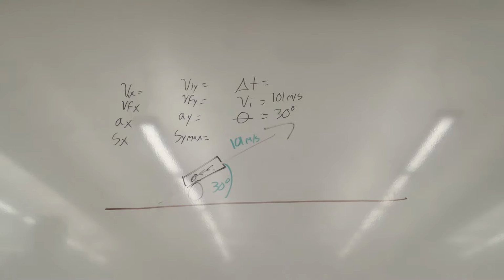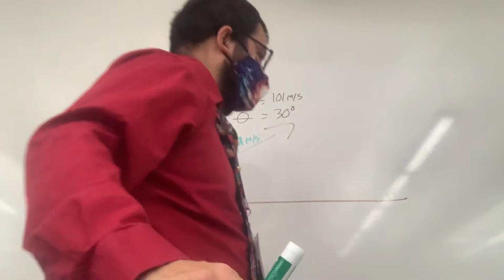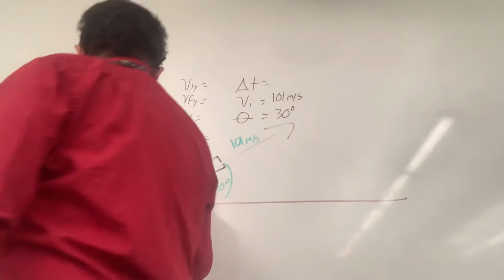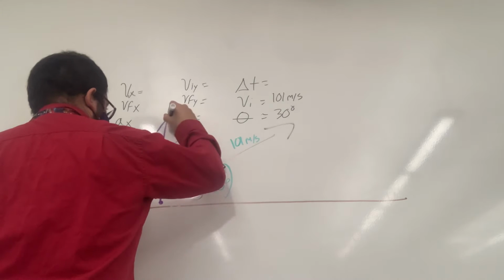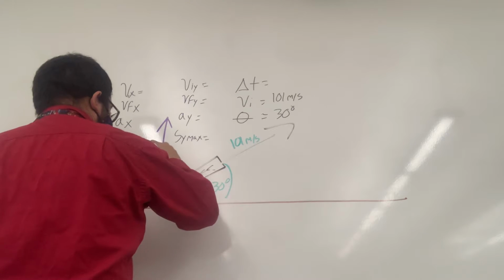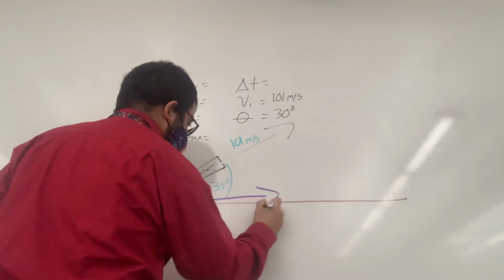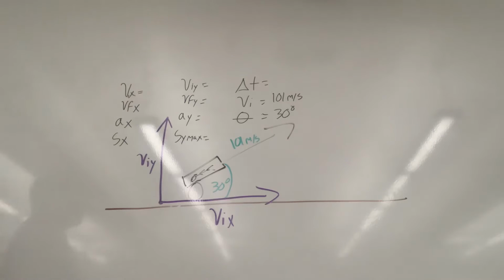Now, what we said we could do is we said we could take this velocity and we could break it up into its two components. One component being the VIY that goes up, the other component being the VIX that goes across, or vertical and horizontal, yes?